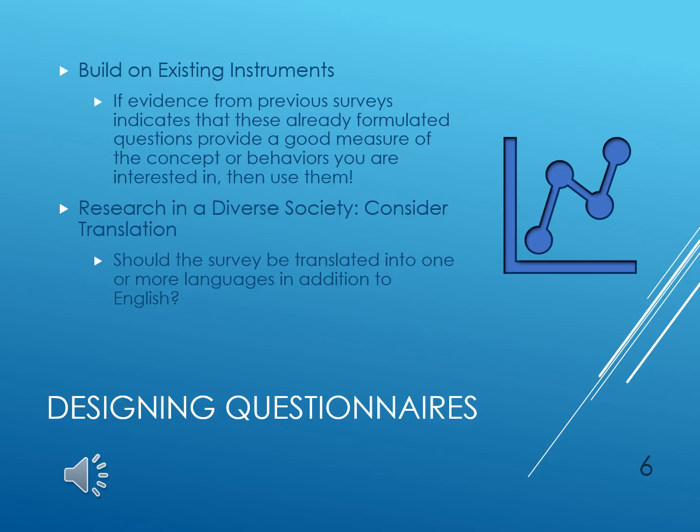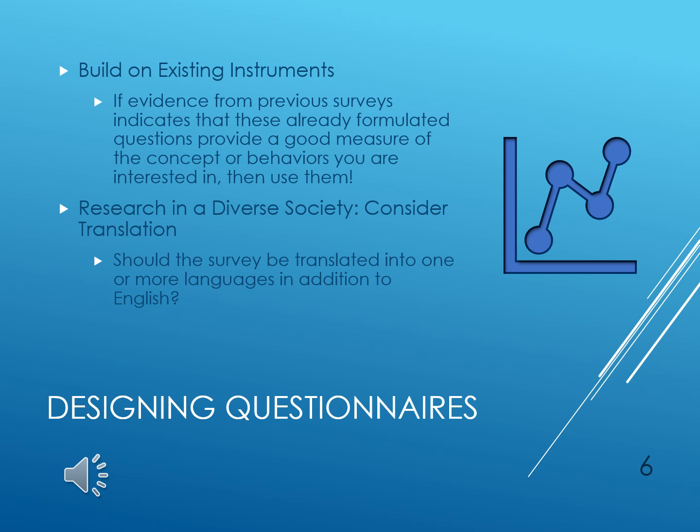When we build on existing instruments, if evidence from previous surveys indicates that these already formulated questions provide a good measure of the concept or behaviors you're interested in, then go ahead and use them again. When we look at research in a diverse society, we want to consider translation.